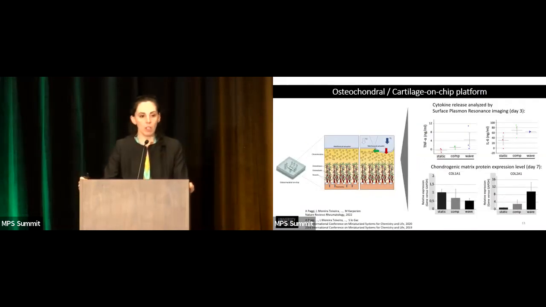What you can see here was the first step, the model created to reproduce the osteochondral unit. This is a model that already has the actuation system that simulates the movement that the articular cartilage is exposed to, as well as the bone. This movement is not one impact, let's say; it's more of a wave movement, and the cells feel it differently.